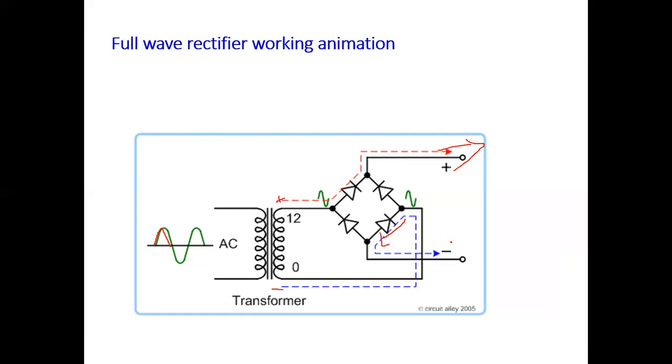So see the animation. In the second half, in the negative cycle, this is positive, so negative will go through this line, and positive goes through this line.